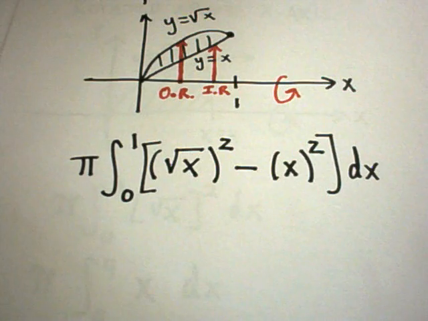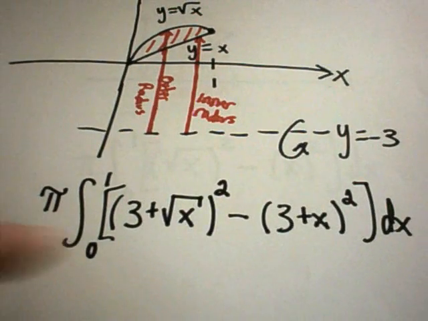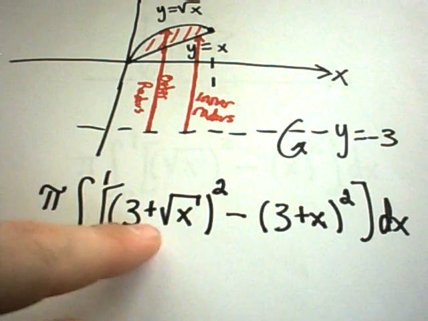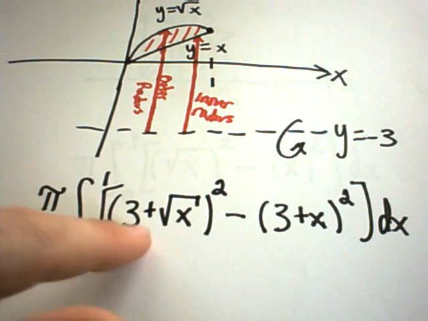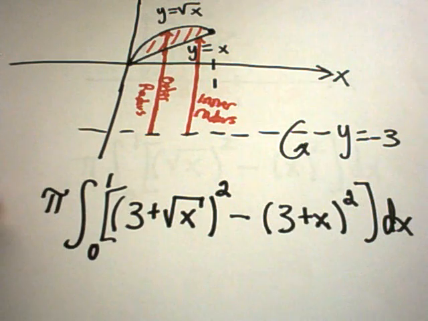When you're rotating about something that's not the x-axis, or we'll see the y-axis as well, notice then we have to take our functions, we had square root of x and x, and then tweak them a little bit. We add on these constants, maybe 3 plus that, 3 plus that, or as in my last example, we had 8 minus and 8 minus.